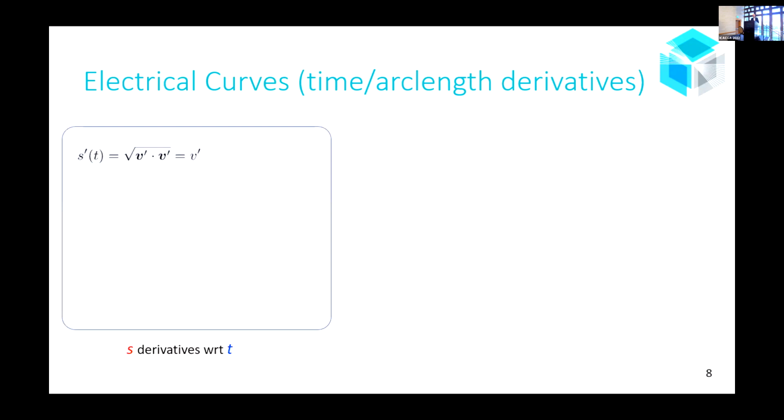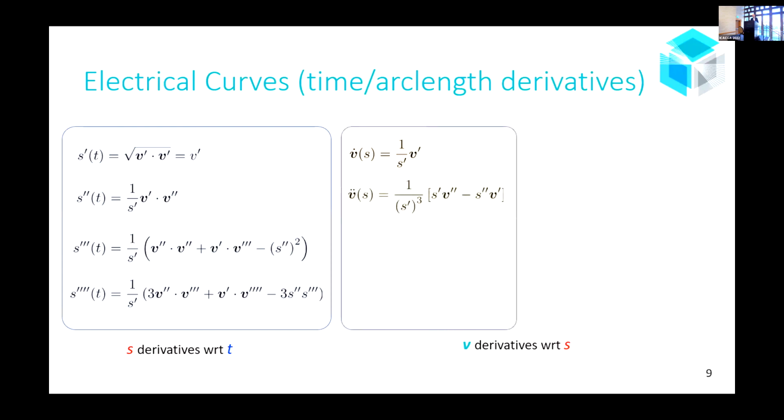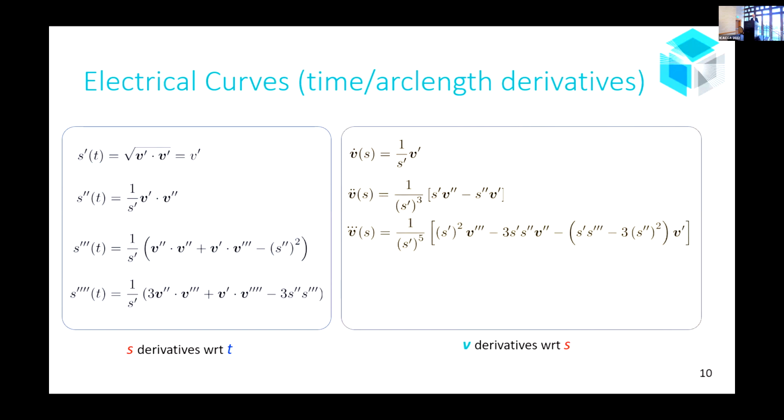Firstly, the first four derivatives with respect to the arc length parameter are shown here as a function of the vector v and its derivatives. This is because the natural representation of the voltages is in the time domain, as a function of time. In this way, by means of basic rules of differentiation, we can set the derivatives of the vector v with respect to arc length as a function of the derivatives with respect to the t parameter.